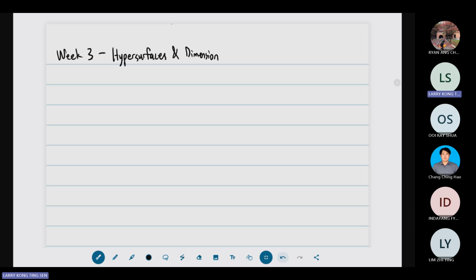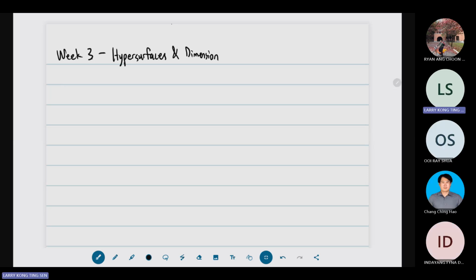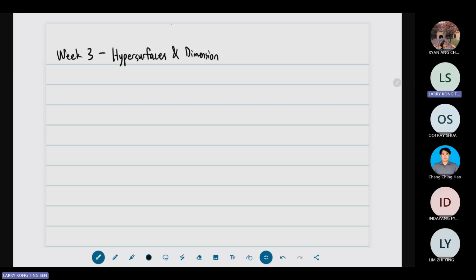Okay, so we'll start off with a little bit of hypersurfaces. If you recall, in the last two weeks we introduced algebraic sets and all that stuff. Today we'll start by looking at one specific type of algebraic set, specifically hypersurfaces.